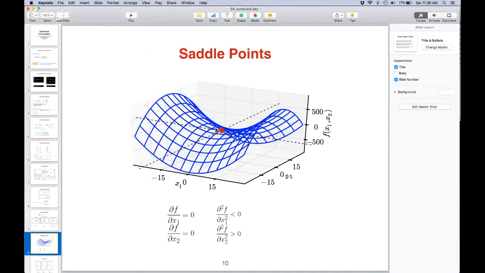Yeah, I think this should be positive, this should be negative. So I should correct that. This is f of x1, right? Like this. And the second derivative is positive because the curvature is pointing upwards. So this is how a saddle point looks in a 2-dimensional input space, solution space.